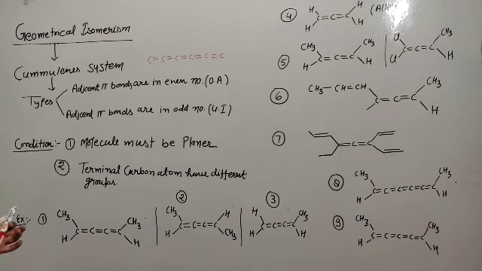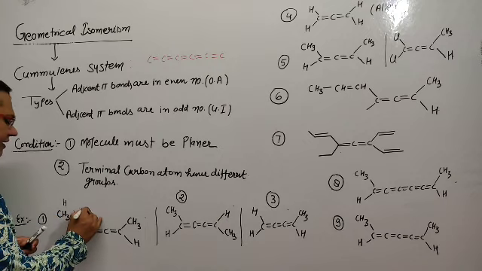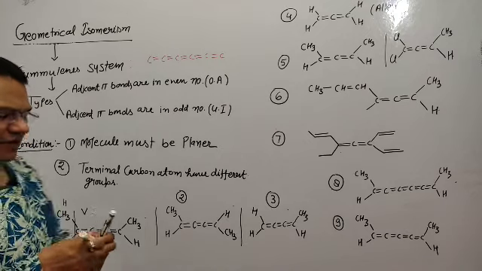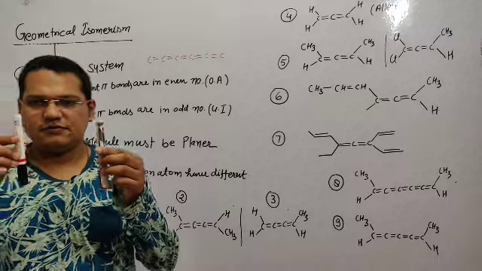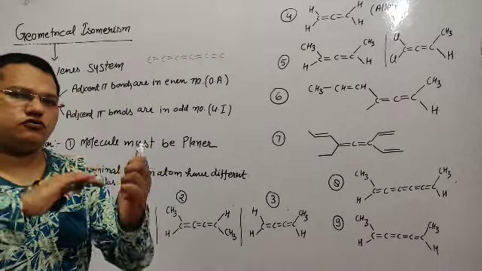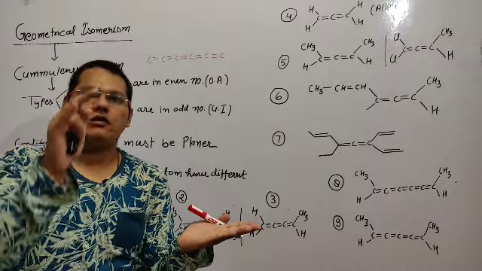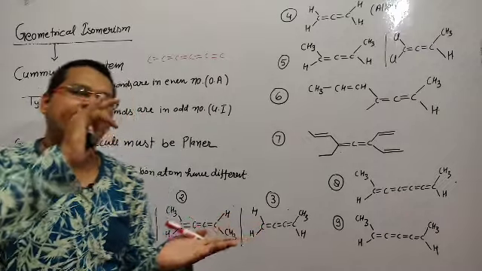What is the meaning? If this group is attached in the horizontal plane, the pi bond forms in the vertical plane.